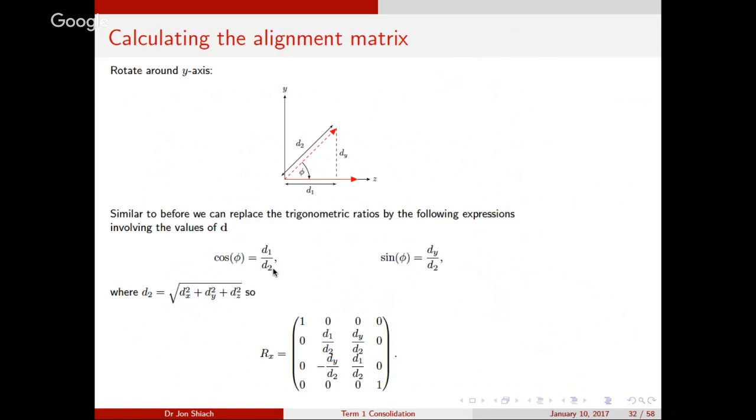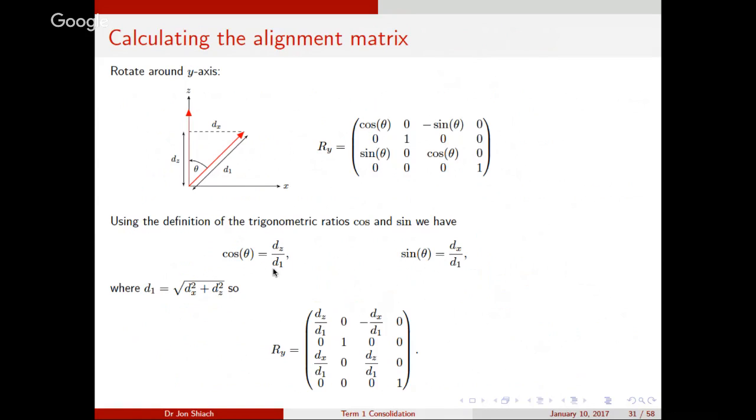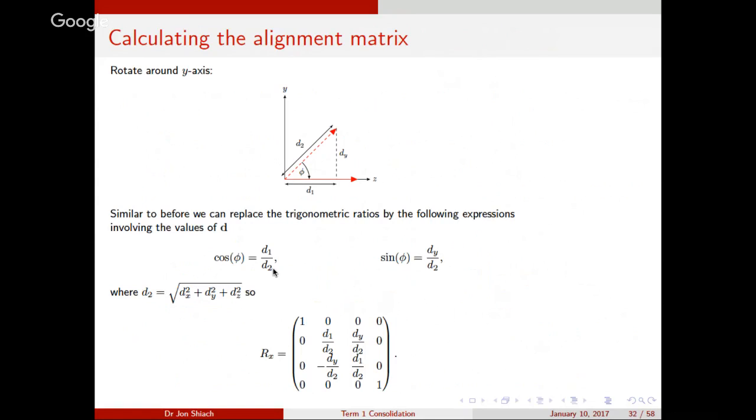Again we have a right angle triangle. In this case, the adjacent side is d1, which was the hypotenuse from the previous rotation. The opposite side is dy, because in the previous rotation we didn't move it up or down, we just rotated it horizontally.